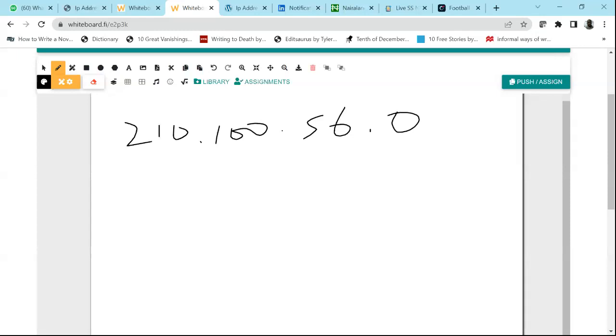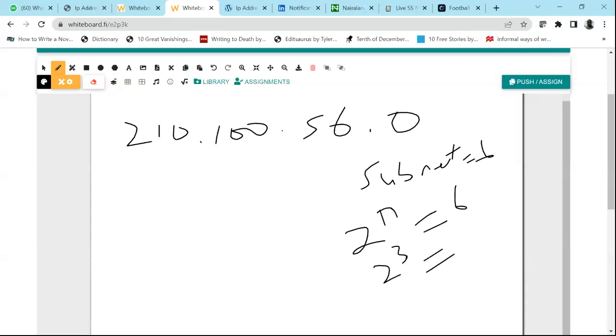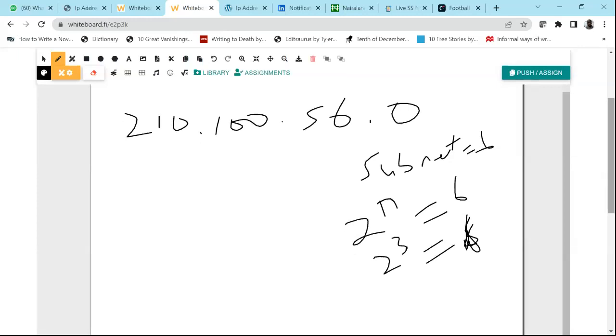So we have this IP address 210.100.56.0. And we want to get 6 subnets from here. So we want to have 6 subnets. We have 2 raised to power n equal to 6.